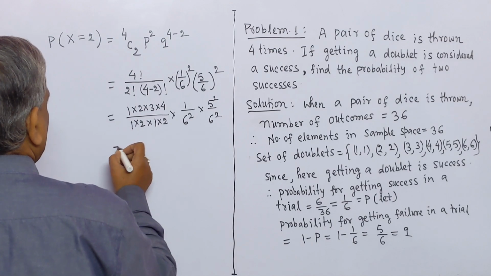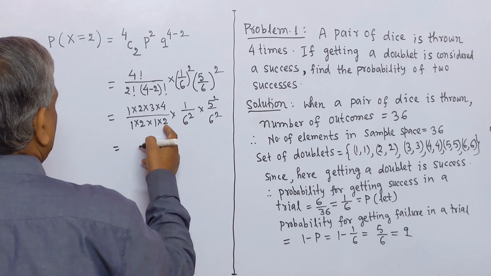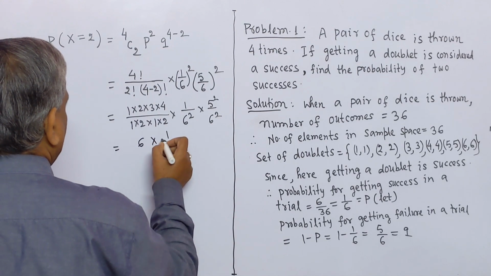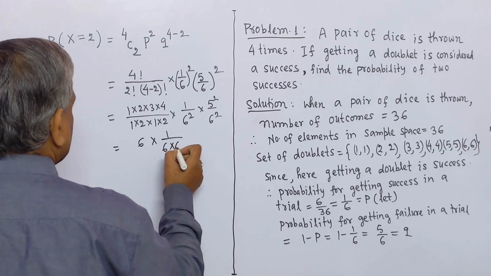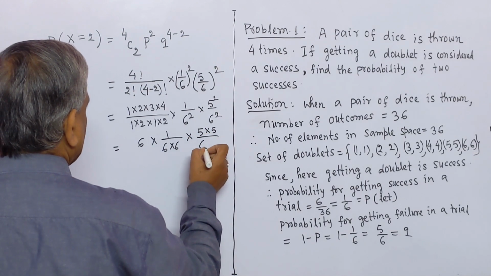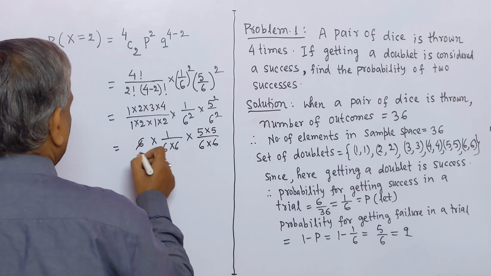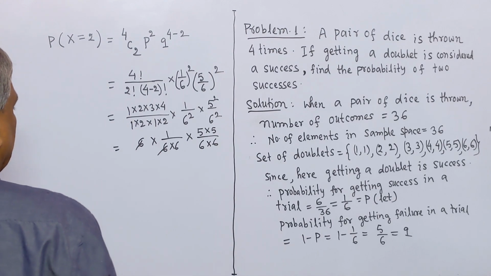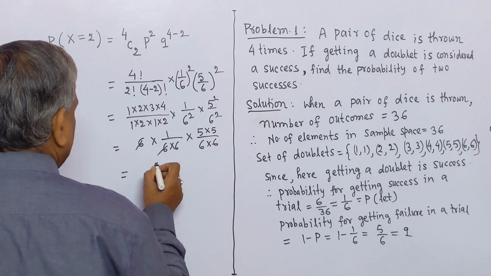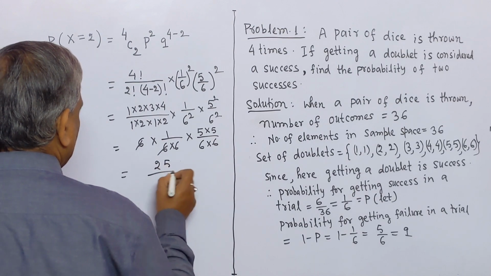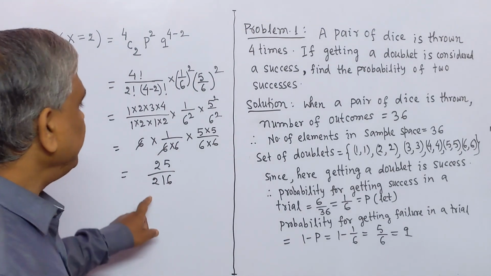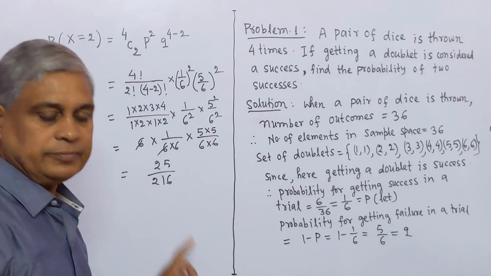Two 2s are 4, cancel, remains 6. Multiply 1 by 6 multiply 6, multiply 5 multiply 5 multiply 6 multiply 6, 1 6 cancel. This will be equal to 5 5s are 25 by 216. So our problem is solved.